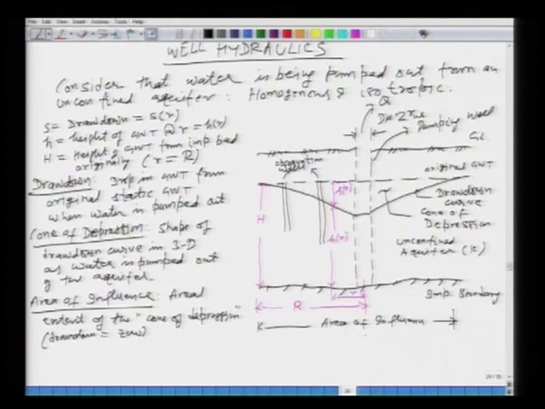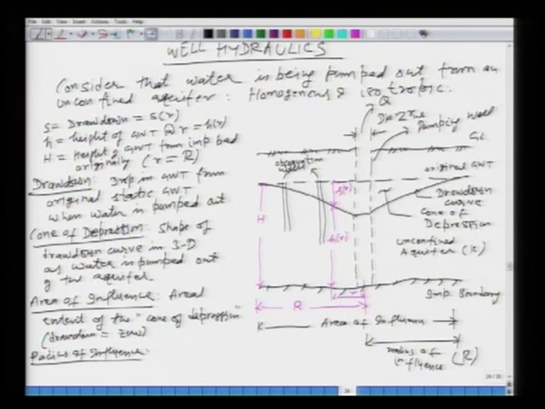And then if you take the radius of that, that is called the radius of influence. And this we are going to say is capital R. Okay. So, the next thing is the radius of influence.